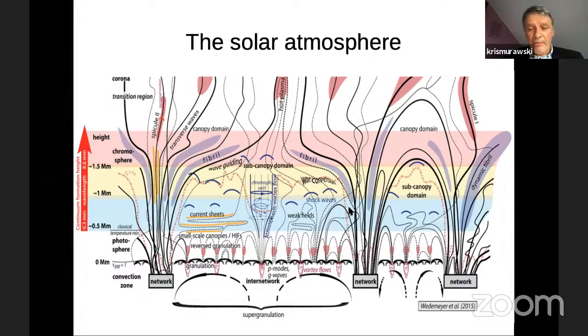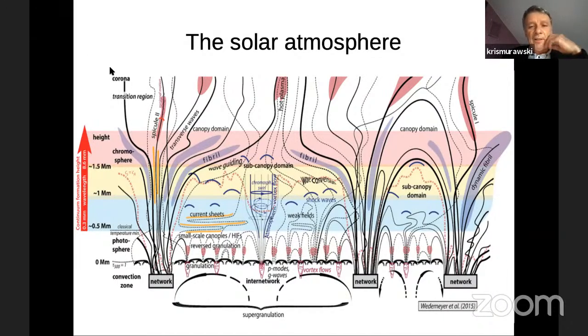As you see, this is of course a sketch, but you see a plethora of phenomena which take place in the solar atmosphere. Some of them won't be discussed today, and some of them we will focus on a bit, but it will be in a while.